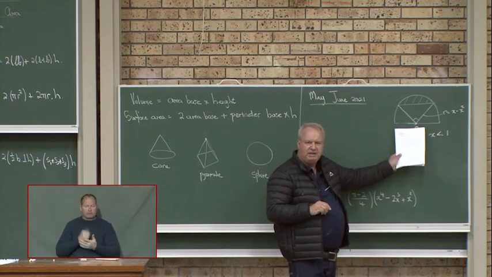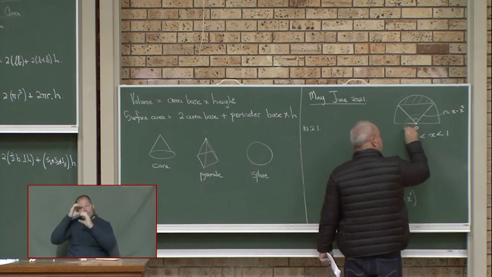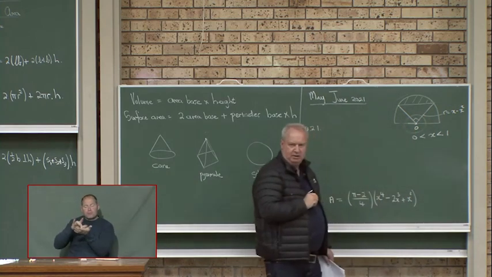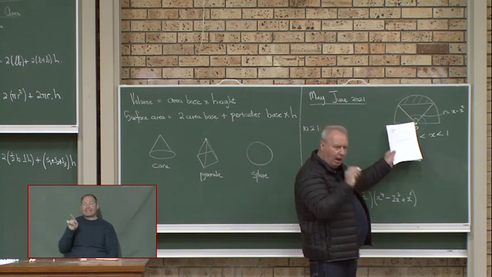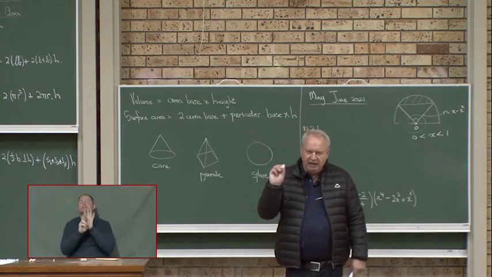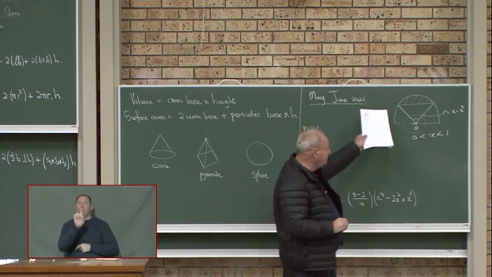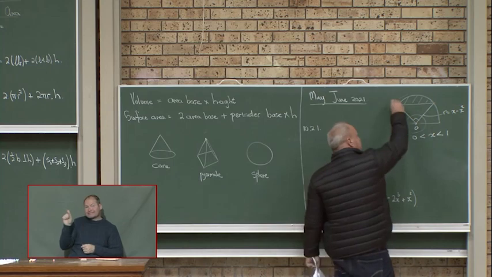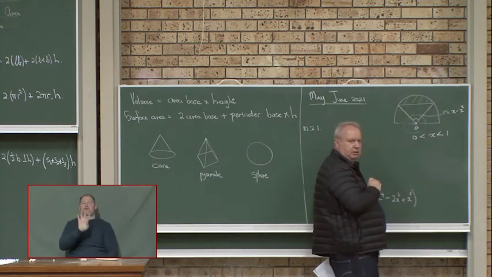But how much of the semicircle are we looking at? Do you understand that the angles around a point add up to 360? So if that part is 90 degrees, how much of the full revolution does it represent? 90 divided by 360 is a quarter. So this part here is a quarter of a full circle, correct?